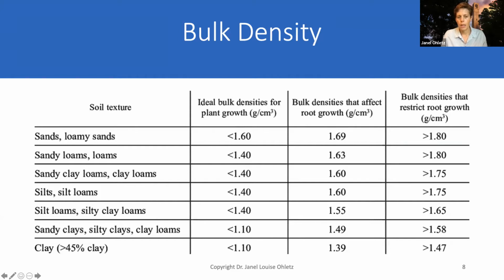And it isn't very much of a difference, but the difference is less here compared to when we look at clay, and how the bulk density is much lower for clay, and then 1.47 being not quite as close.